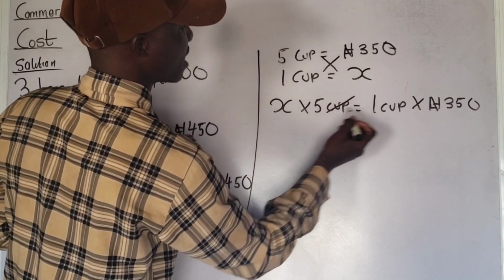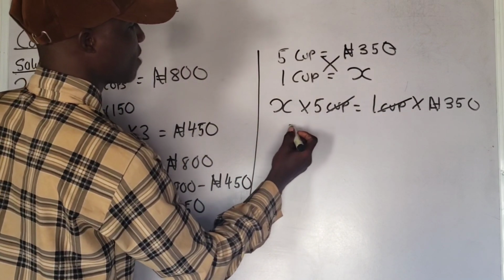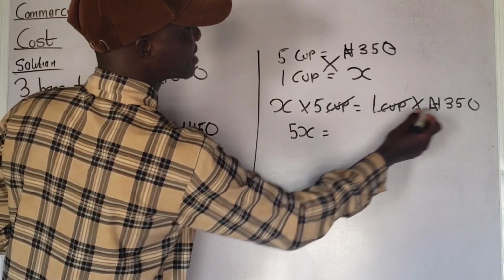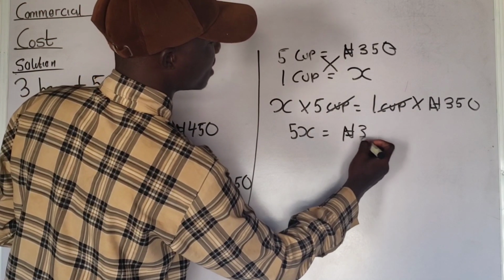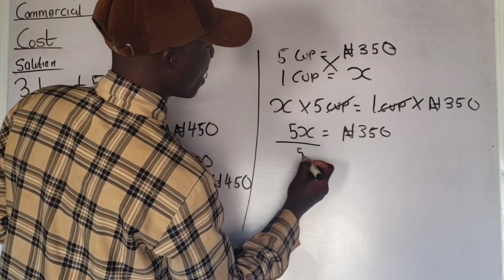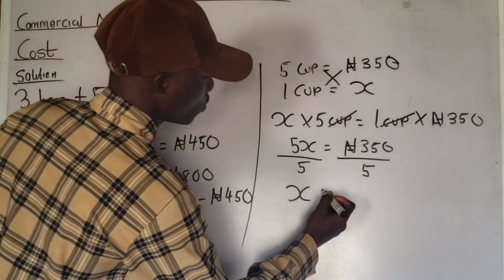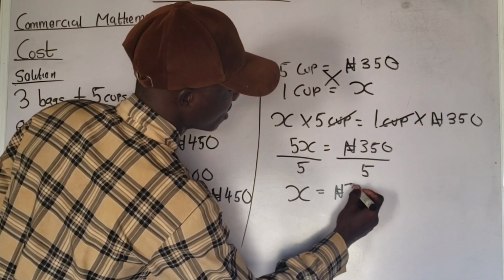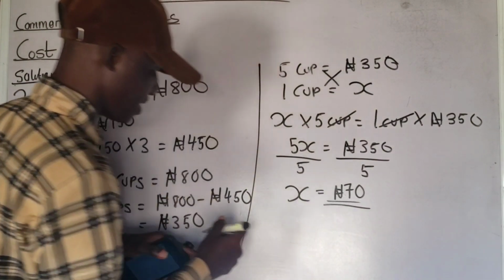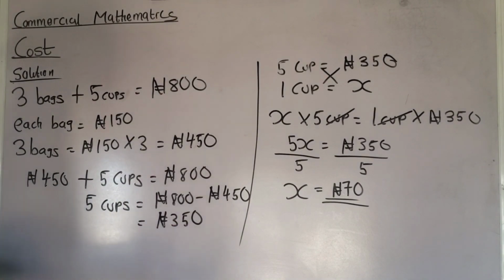So this cancels this, and I'm left with 5x equal to 1 times 350, that is 350 naira. Divide both sides by 5, and x is equal to 70 naira. That is the cost of a single cup, and that's the final answer.